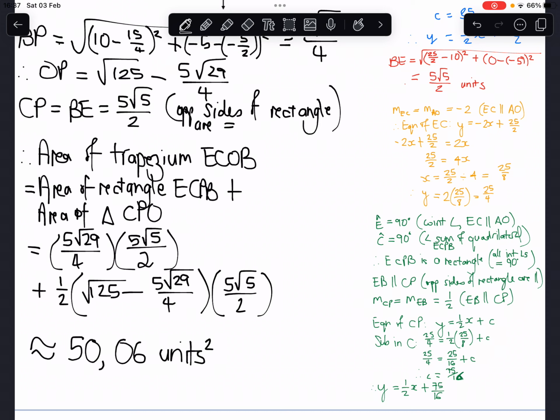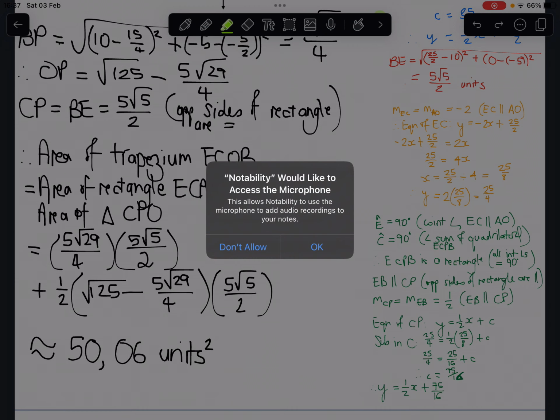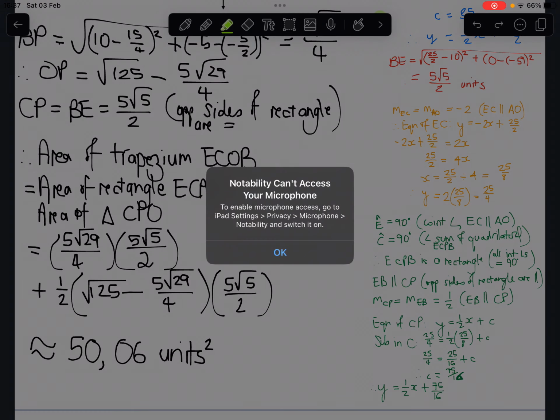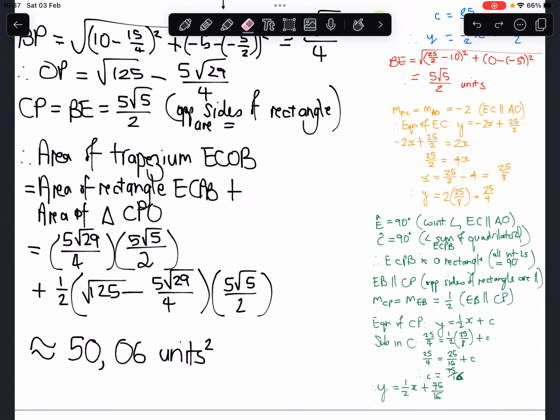Why doesn't it want to select the hand, guys? I'm genuinely asking you why it doesn't want to select the hand. I'm just trying to get the hand. Oh, guys.